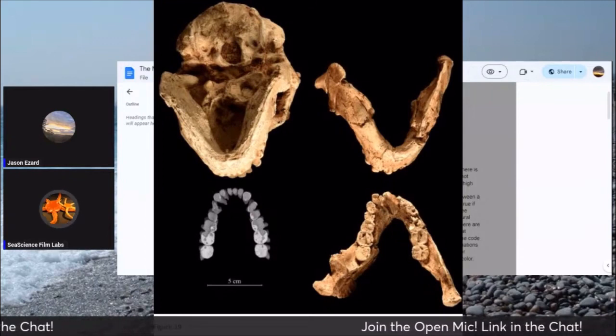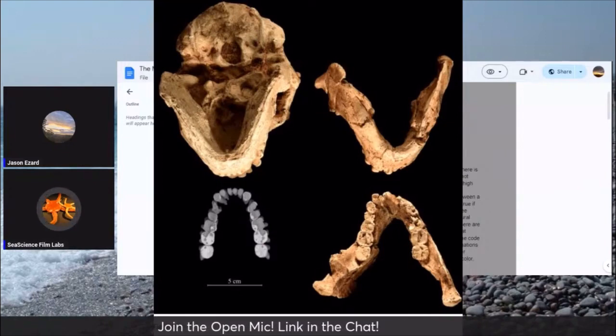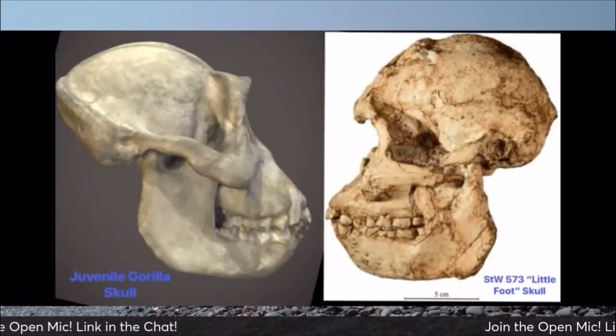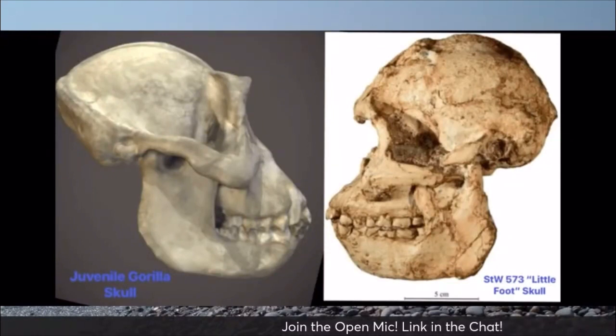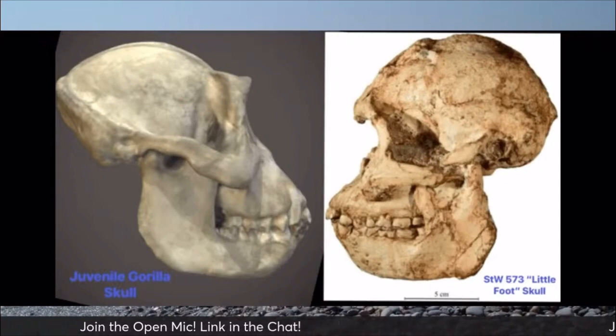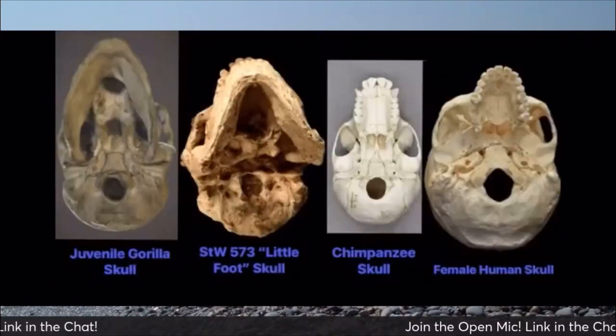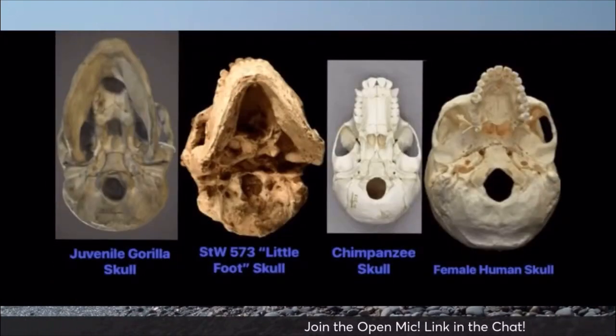This is a reconstructed jaw, after they broke the jaw off. When they found it, it was fused to the skull, and they broke this jaw off. Now I cannot find a photo of the bottom of the STW 573 Littlefoot skull without the mandible in the way. And I've looked all over for it. So when you see this thing, you're going to see this mandible in the way.